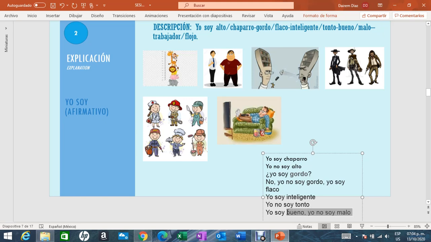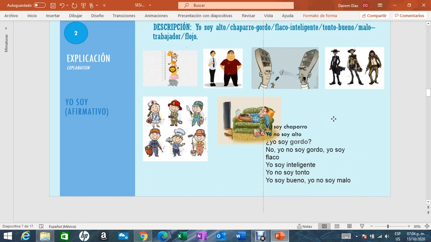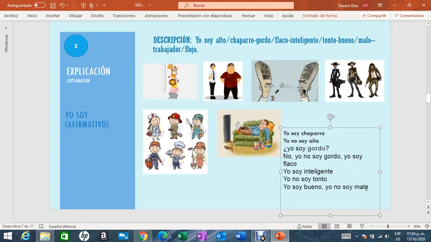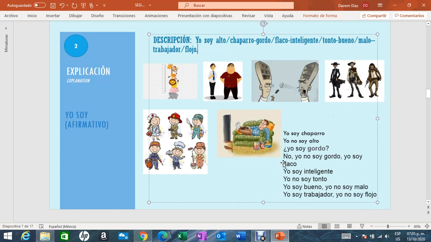We're gonna just keep those examples. Yo soy bueno. Yo no soy malo. And finally, trabajador, hardworking, and flojo, lazy. Yo soy trabajador. Yo no soy flojo. I am not lazy. Yo soy chaparro. I am small. Yo no soy alto.